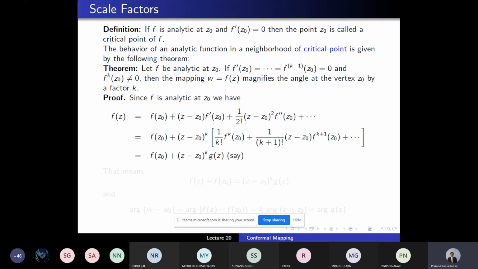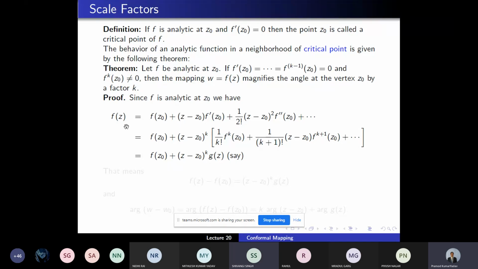The proof is very simple. As f is analytic at z naught, it can be expressed as a Taylor series. I don't know whether the Taylor series was discussed. It was not discussed, Shivangi? Not exactly, I think.